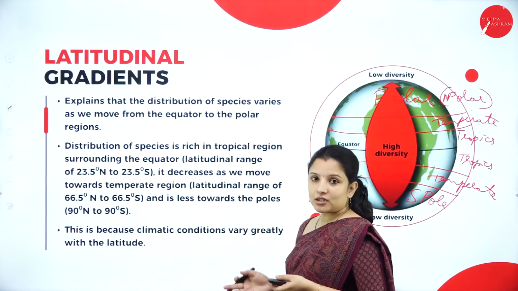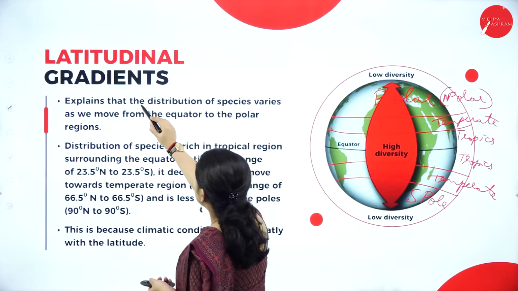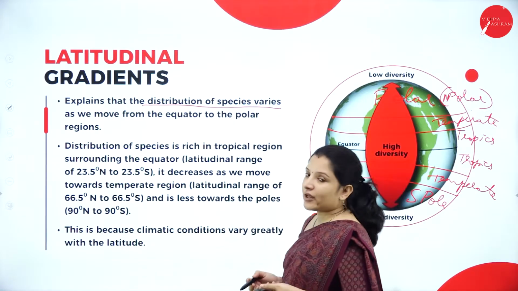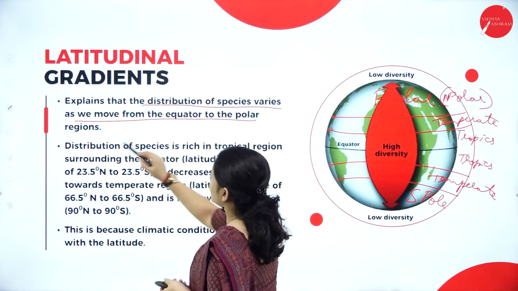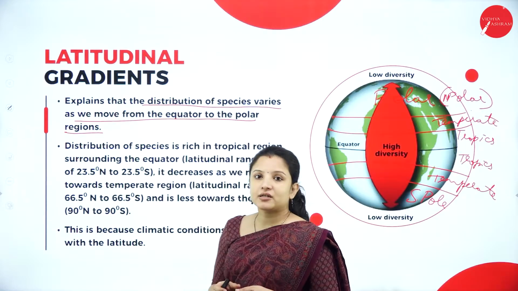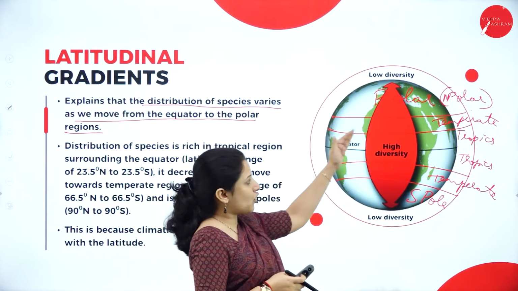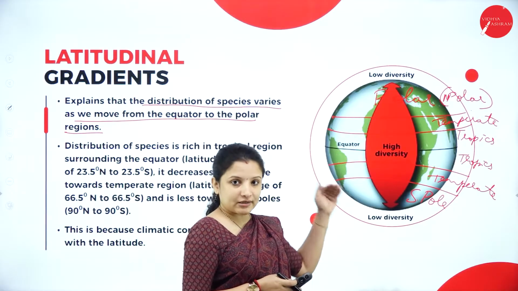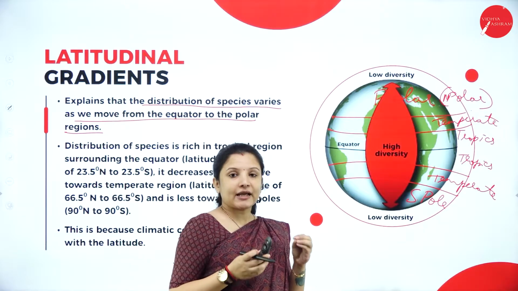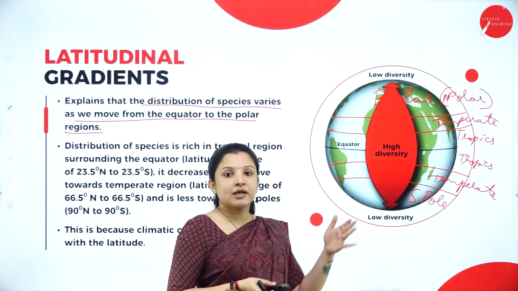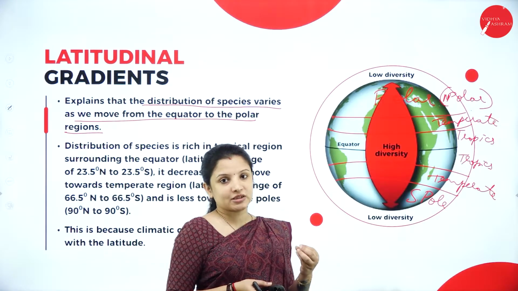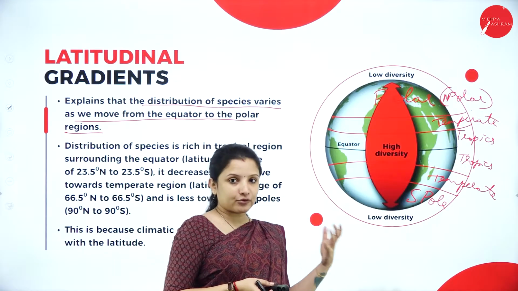So latitudinal gradients explains that the distribution of species varies as we move from the equator to the polar region. So from the equator to the tropics, both towards the north and the south, the plant and animal species is more. When we move towards the temperate, the diversity of plants and animal species is less when compared to the tropics.